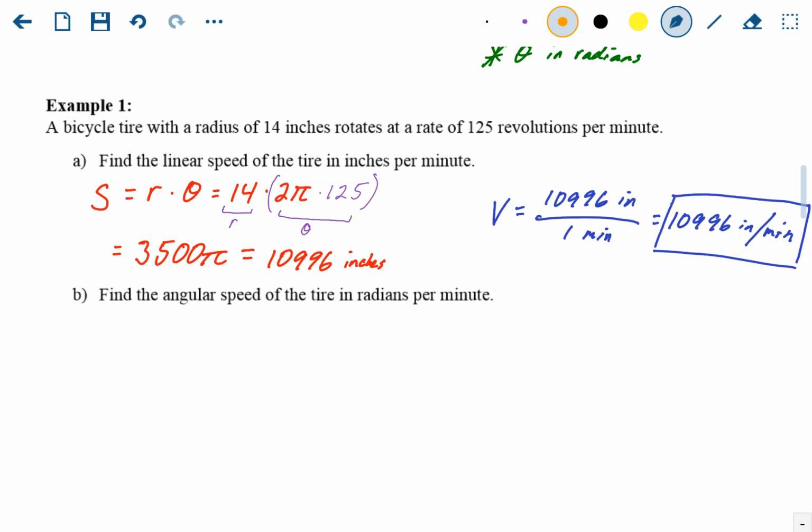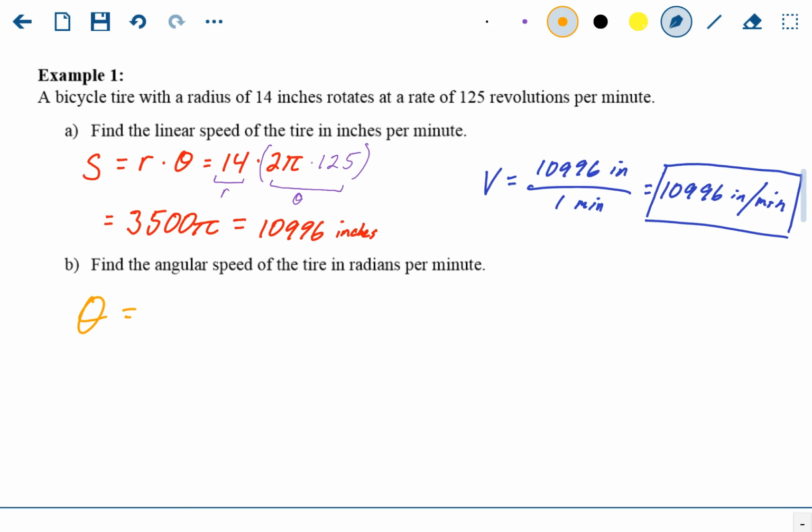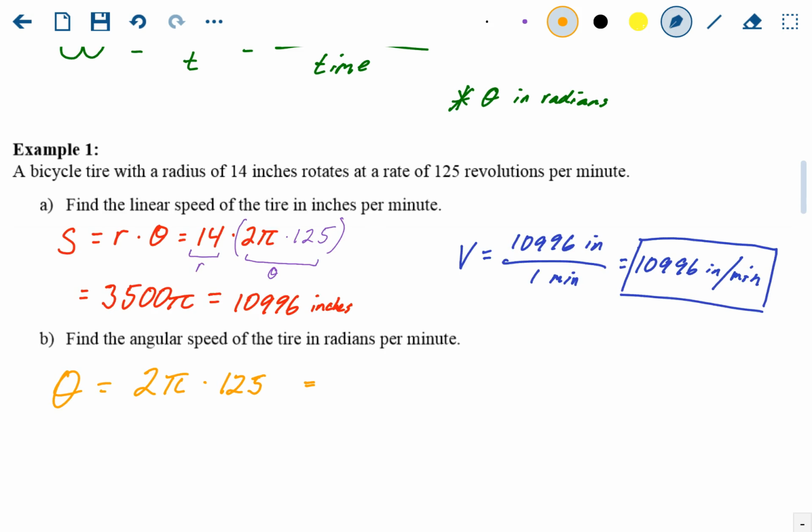Theta is going to be equal to 2 pi, which is all the way around the circle, times how many times it goes all the way around the circle. So it's going to be 2 pi times 125 revolutions per minute, which is going to be 250 pi radians.